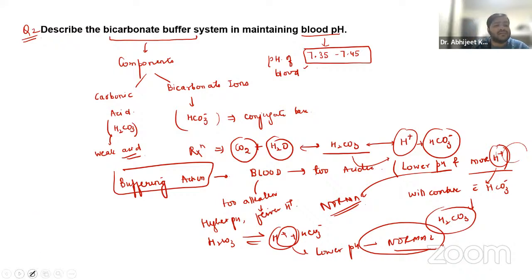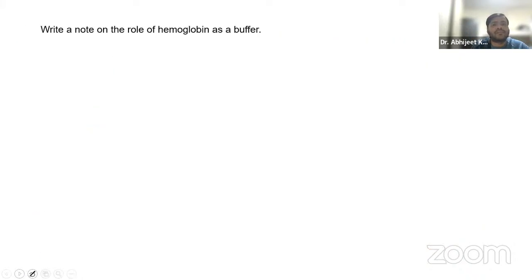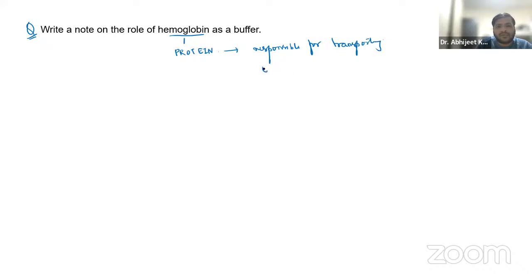Coming on to the next one, write a note on the role of hemoglobin as a buffer. Hemoglobin is a protein buffer. Firstly, you should know it is a protein responsible for transporting oxygen in the blood.